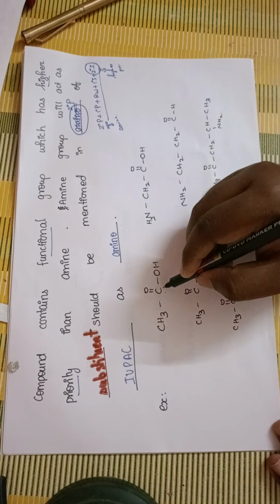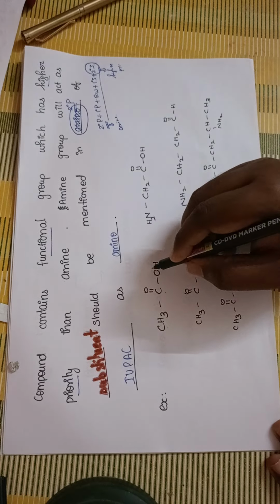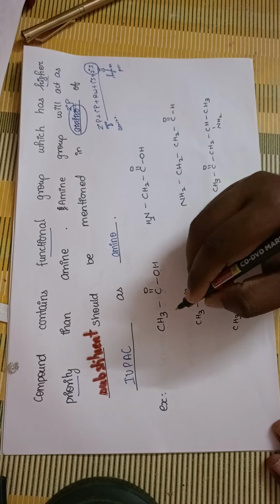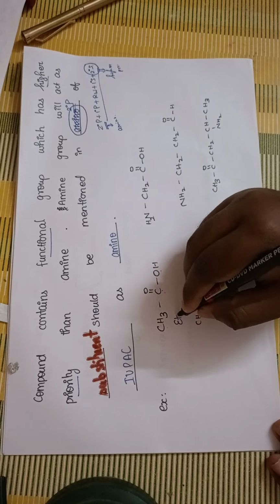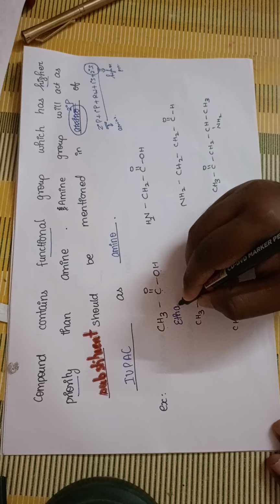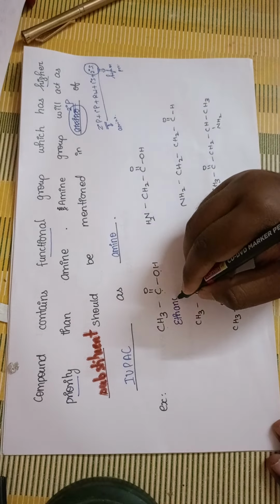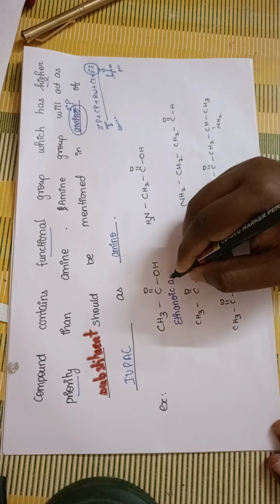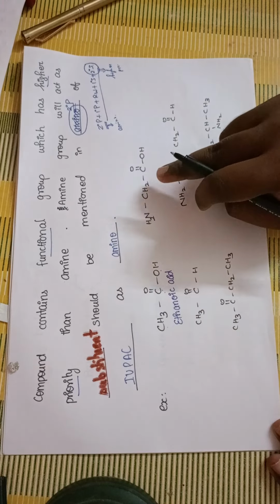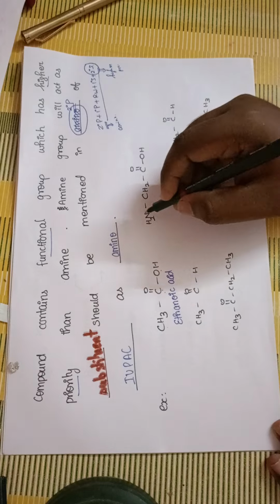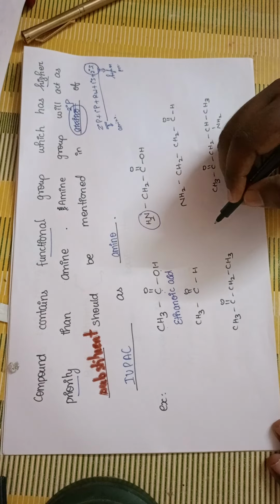Now, 2 carbon, and the functional group present in the compound is carboxylic acid, because OH is attached to the carbonyl carbon. 2 carbon in the longest chain, so eth, then carbon connected by single bond, ane, the E will go, but the functional group is carboxylic acid, so ethanoic acid is the IUPAC name. Now we have ethanoic acid here, but we also have an amine functional group.